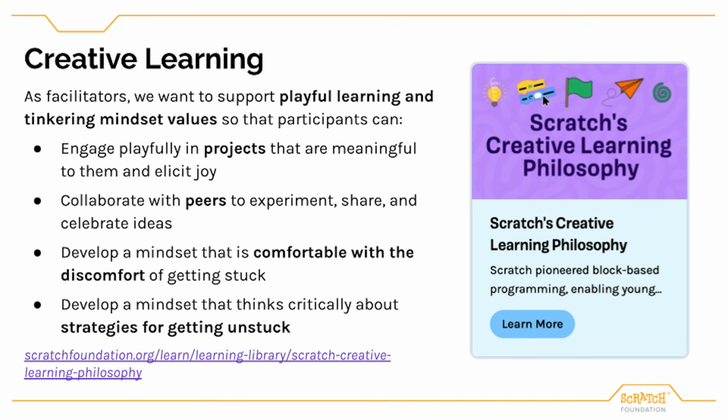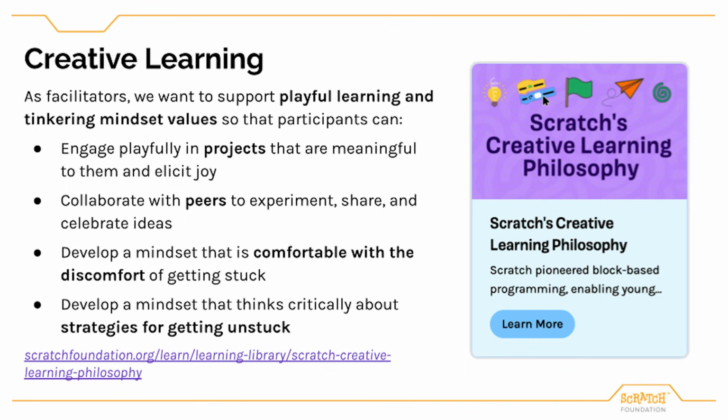We want to help them develop a mindset that is comfortable with the discomfort of getting stuck, making room for risk and iteration, as well as develop a mindset that thinks critically about strategies for getting unstuck, saving space for the process to start again, and help them imagine what's next. We often call this productive struggle. And this applies to you too.